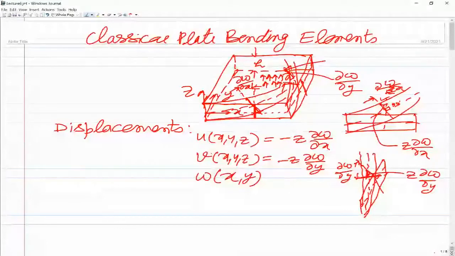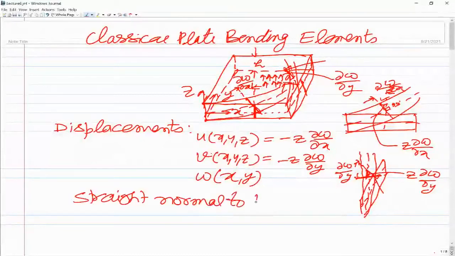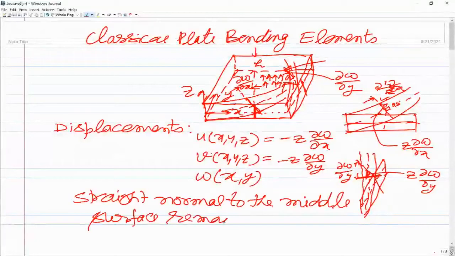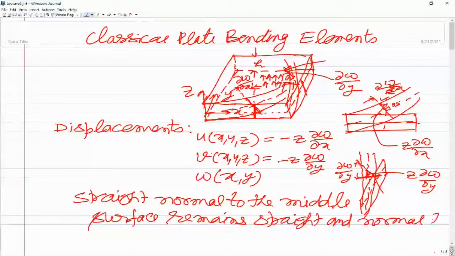Here the basic assumption is that a straight normal to the middle surface remains straight and normal to the deformed middle surface.